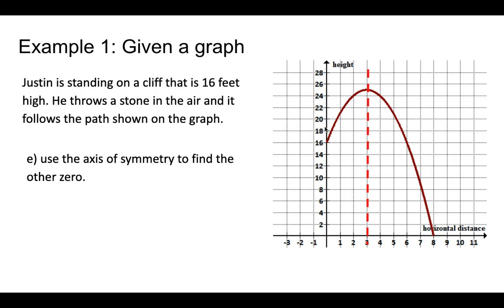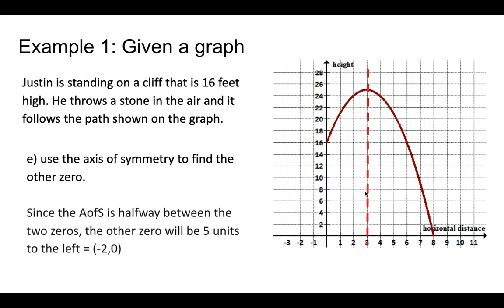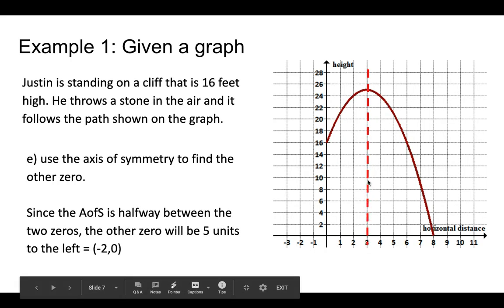Now we're going to use this axis of symmetry to find the other zero. How do we do that? Because the axis of symmetry is halfway between the two zeros, we can use the distance between the axis of symmetry and the x-intercept to find the other one. From the axis of symmetry to this x-intercept, it is 1, 2, 3, 4, 5 feet.